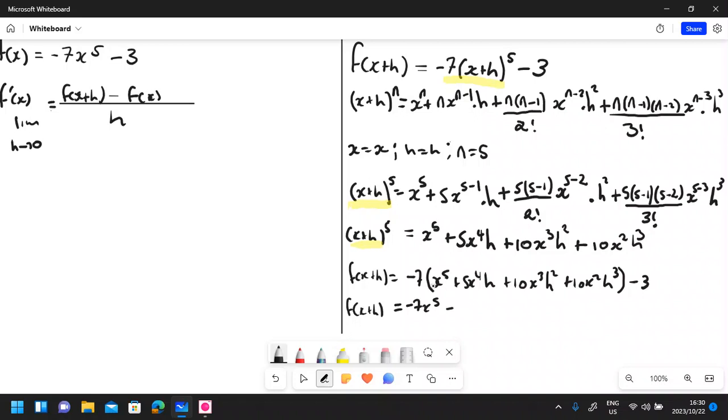Remember, this is -7. So what is 7 multiplied by 5? That is going to give us 35. So -35 x to the power of 4 h. And then -7 multiplied by 10 is going to be -70 x to the power of 3.